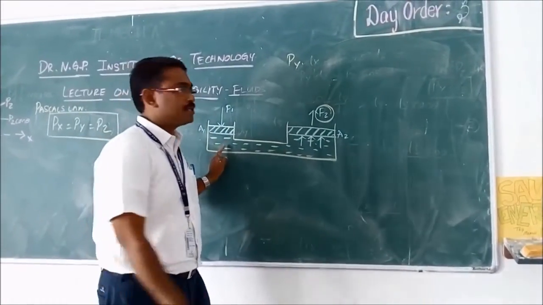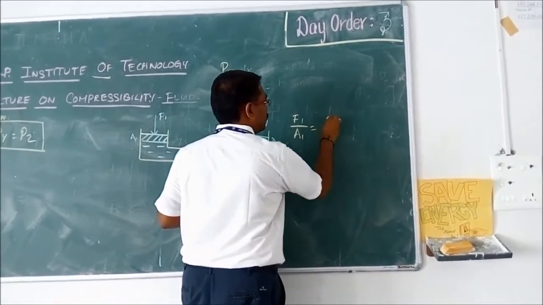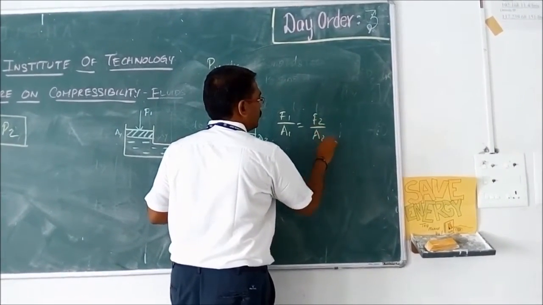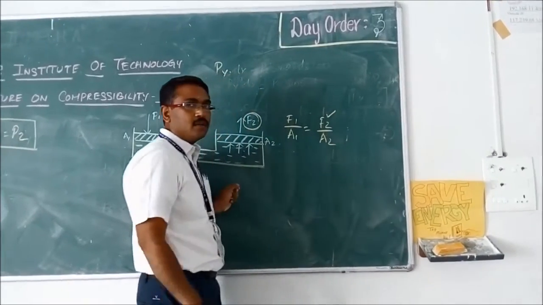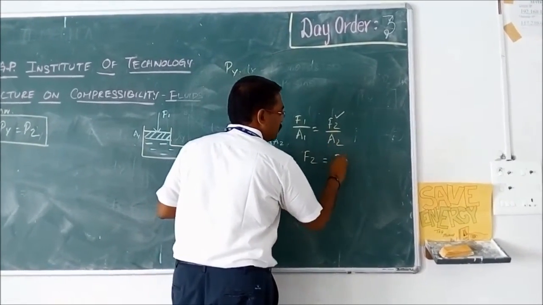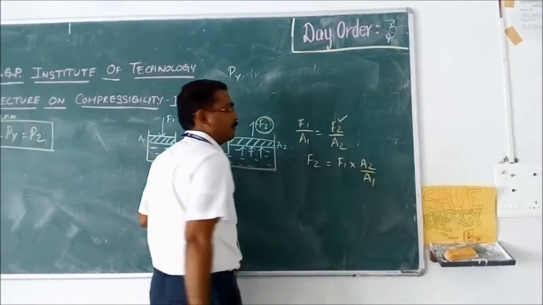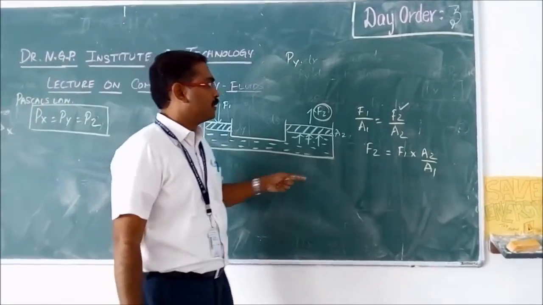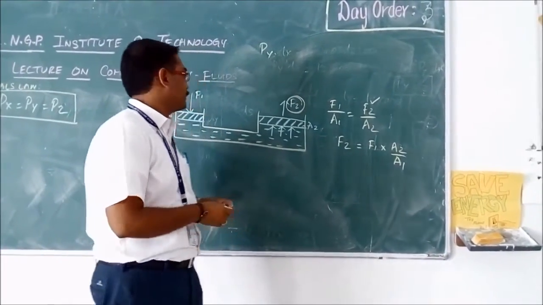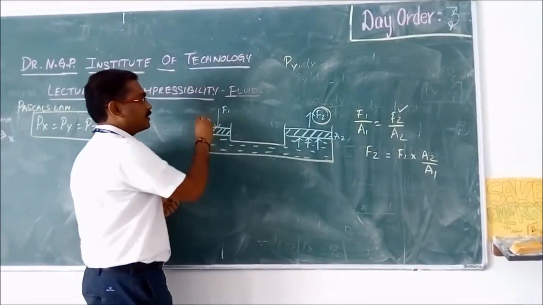So this is given by the relationship, that is F1 by A1 is equal to F2 by A2. Now I am more interested in the value of F2. So I am rearranging as F2 is equal to F1 into A2 by A1. Okay, so this is a relationship for the force and the area. In order to understand it better, I am giving some numerical values.